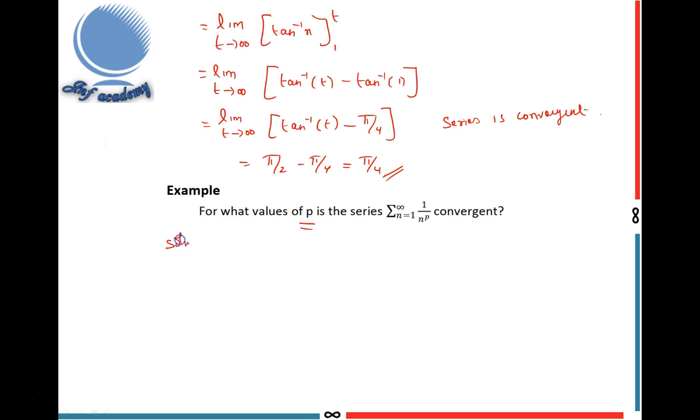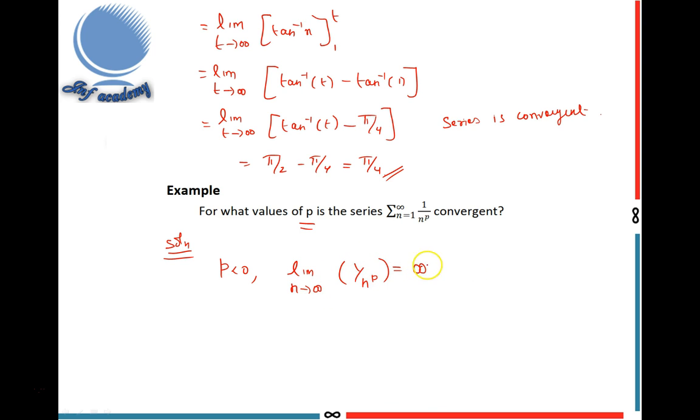First I take P less than 0. Limit n tends to infinity of 1 by n power P, the nth term a_n, is infinity, because P is less than 0, so the denominator has a negative power and the term is positive and tends to infinity.